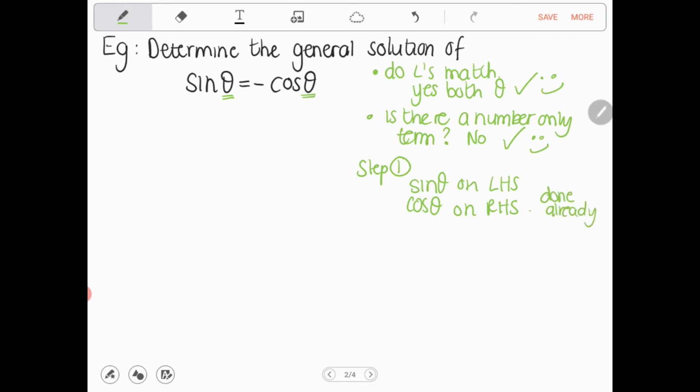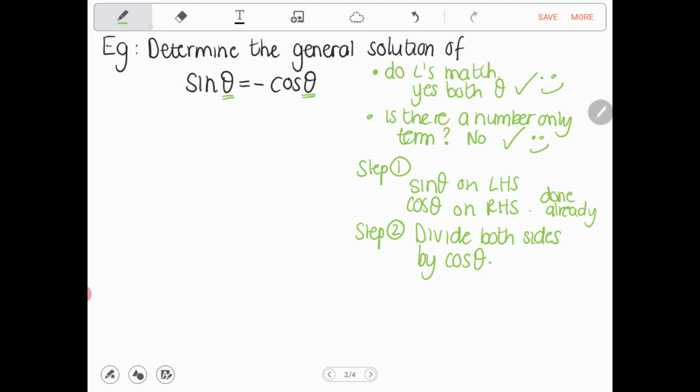You can see you've got sine on the left-hand side and cos on the right-hand side. After that, we divide both sides by cos theta. And you'll see why now. It's always the same. We always divide by cos theta, and this is why.